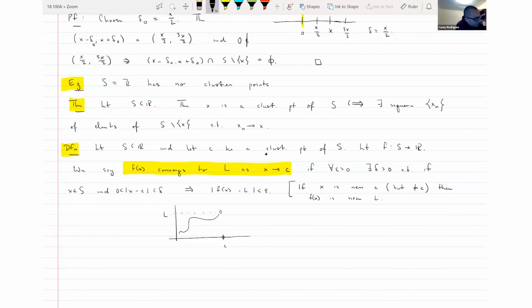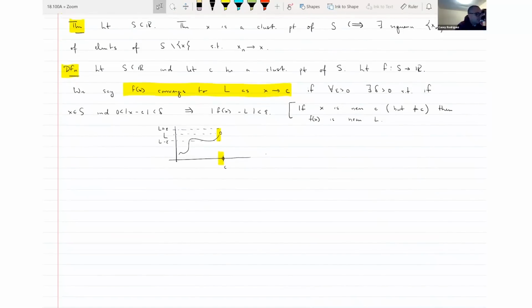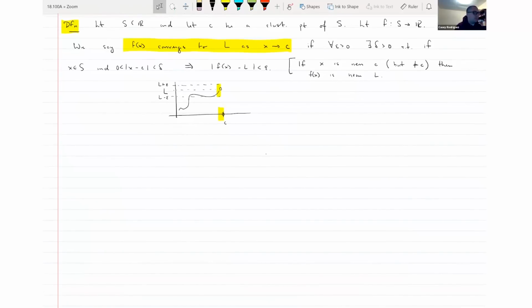There's L, and as long as I get very close to c, I'll be very close to L. Very close being measured within some strip here. So this is the notion of the limit of a function as we approach a cluster point of the set S where the function f is defined.